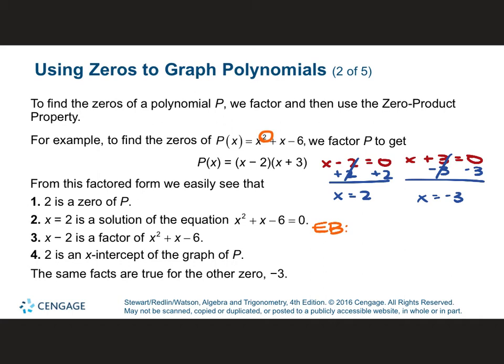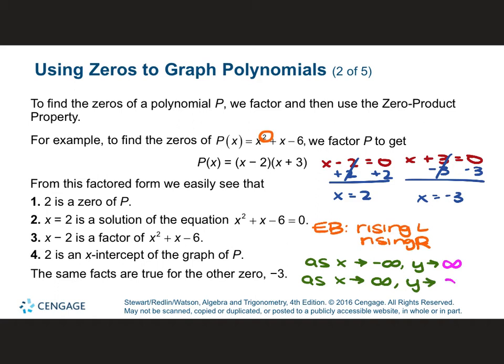We're rising left, rising right. So this tells us that as x approaches negative infinity, y approaches positive infinity, and as x approaches positive infinity, y approaches positive infinity as well. Because it's a 2, an even power, they're going to have the same positive infinity for both parts of your end behavior notation.